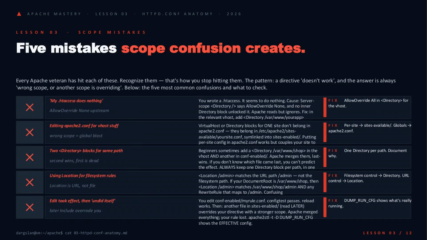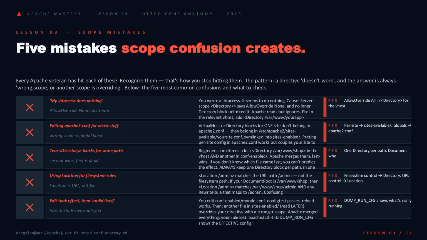Once you can predict, you'll start recognizing the classic traps. 5 of them, and every Apache veteran has hit all 5. The pattern is always the same. A directive doesn't work, and the real answer is wrong scope, or another scope overriding. Your htaccess silently ignored because AllowOverride is None upstream.